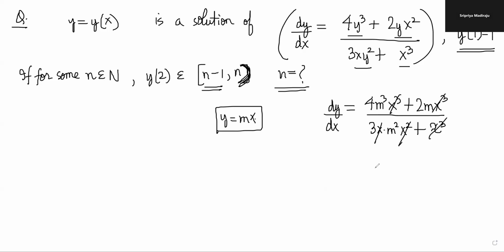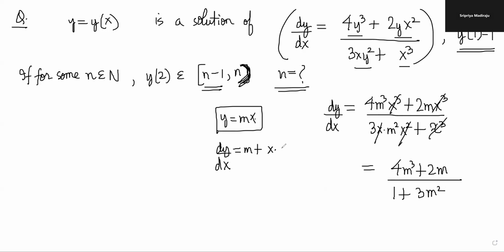You will get 4m cube plus 2m by 1 plus 3m square. And this side dy by dx will become m plus x dm by dx.